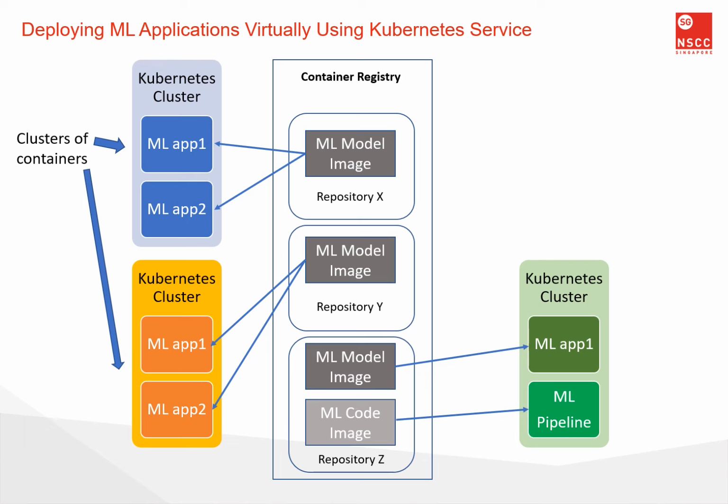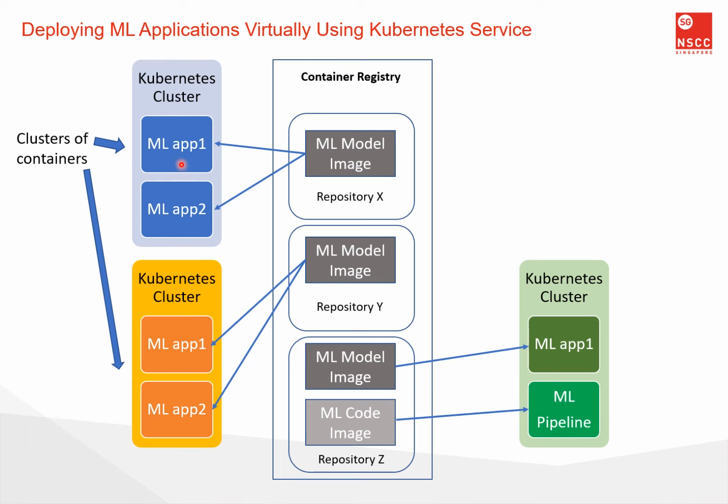So this is what we talked about earlier, where we have the repository. The container registry can contain a number of repositories, and each of these repositories will contain a number of container images. So in a Kubernetes cluster, which is basically a cluster of containers, we can have different machine learning applications.